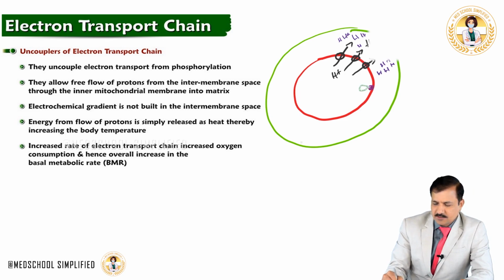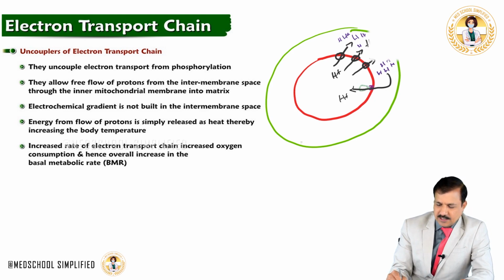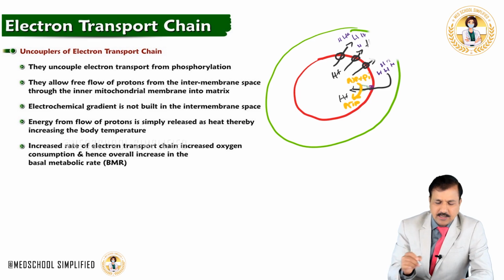Because of the proton gradient, they flow into the matrix side of mitochondria. While this happens, ATP synthase is going to phosphorylate ADP with Pi to make ATP, and that's how ATP is generated. So there is a phosphorylation process going on when the electron transport chain is going on the other side.